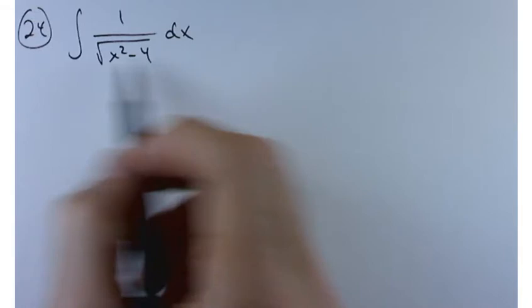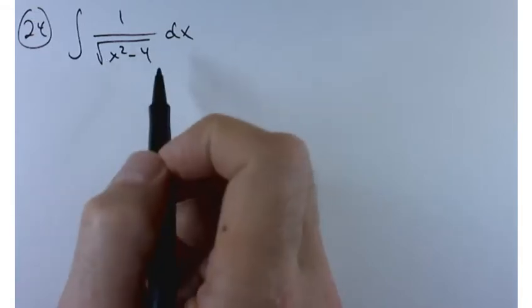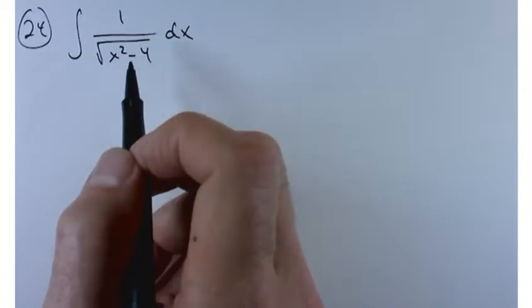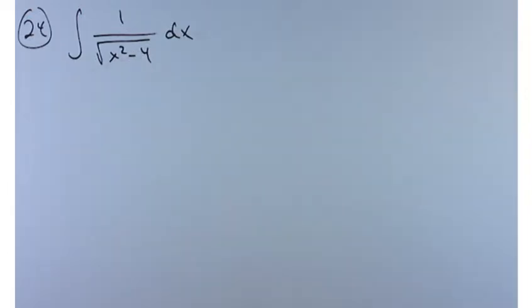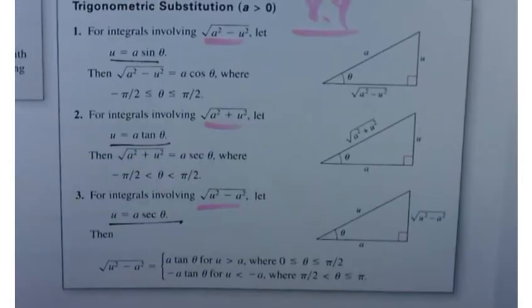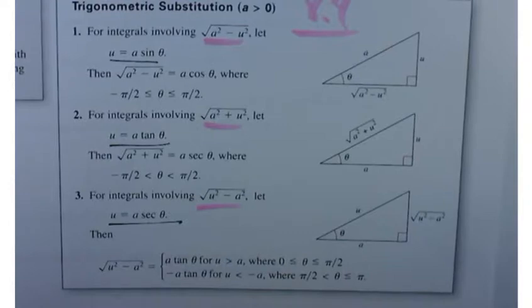Well, let's take a look at our substitutions again. Decide which one we want. Which one's going to work for us? Yeah, the third one. In our case, we'll have an x squared here, so x will equal a secant of theta, so 2 secant of theta.